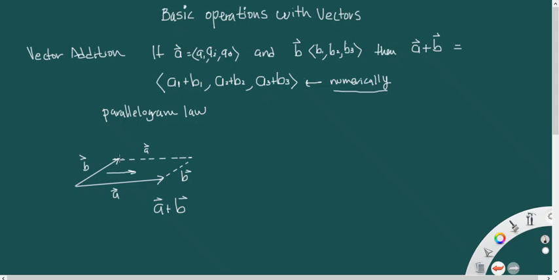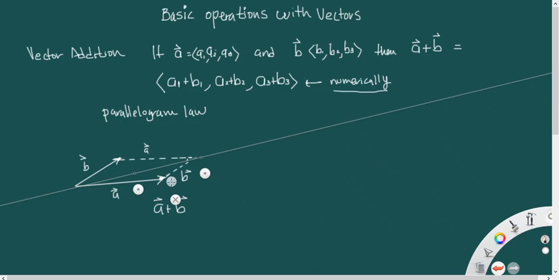So if we have these two vectors, we displace vector A to the end of vector B, and we move vector B to the end of vector A. We have these two lines, and then we add these lines with another line, just like we are having here this vector addition.